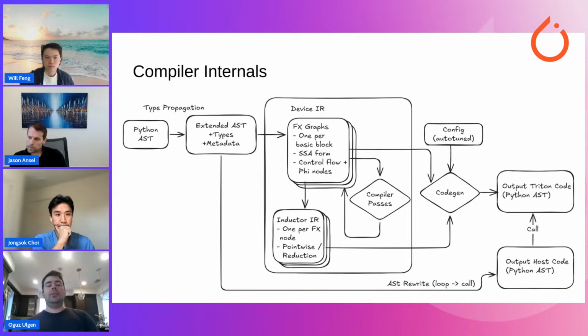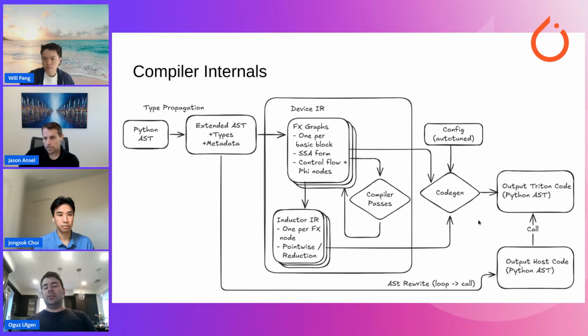Essentially, the way Helion works is that we have our own code type propagation system, which parses through the Python AST and then adds extended types. And then we do some analysis to generate our device and our host IRs. And then once we have the IRs, we do the code gen.